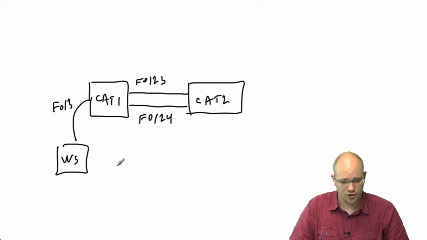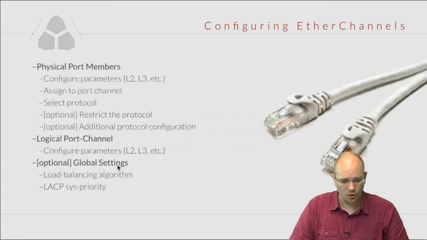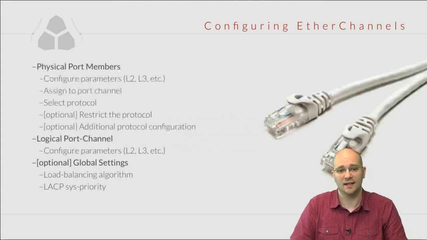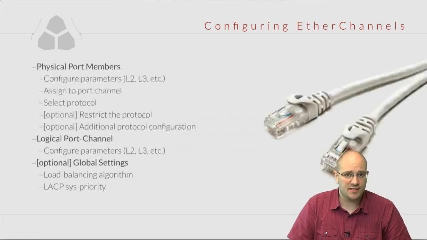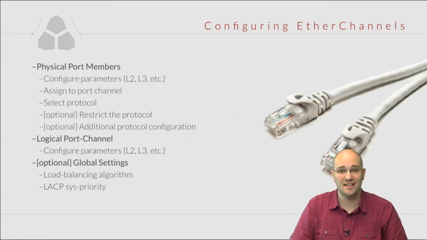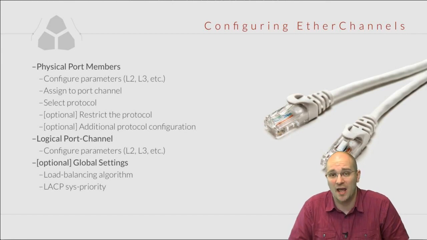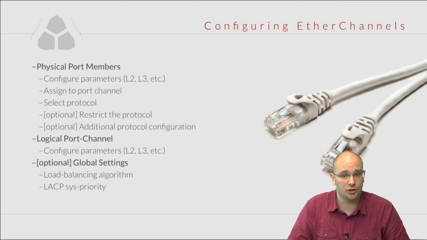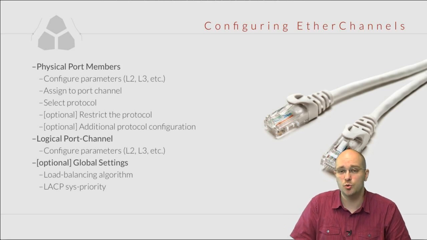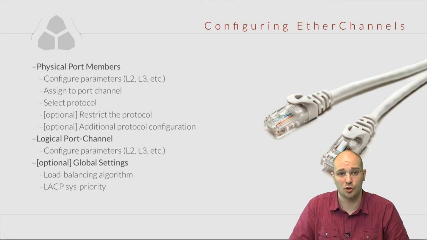To configure EtherChannel, you may recall these guidelines. I first said that we need to configure physical port members. I'm going to configure these ports as layer 2 in this example, but I can configure them as layer 3. It doesn't matter. EtherChannel will support both layer 2 and layer 3. I'm going to choose the protocol, and in this case it's going to be static, so just simple mode on.